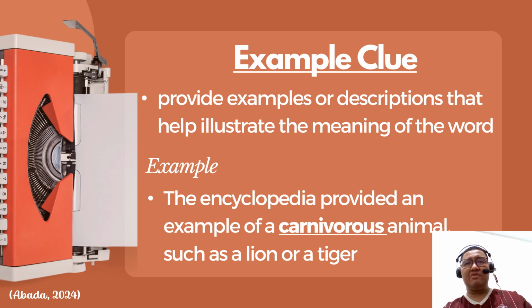You have to look for the examples using words such as. Here, we have lion and tiger. So these are examples of the word carnivorous. That means carnivorous animals are animals that eat meat only.